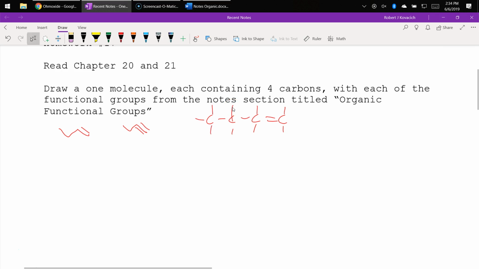So there's the first molecule, same thing. So we have an alkene, we have an alkyne. Let's do an alcohol group. We could do an ether.